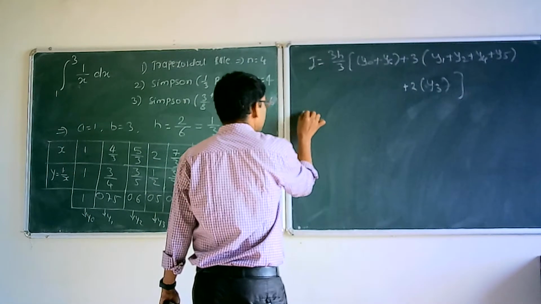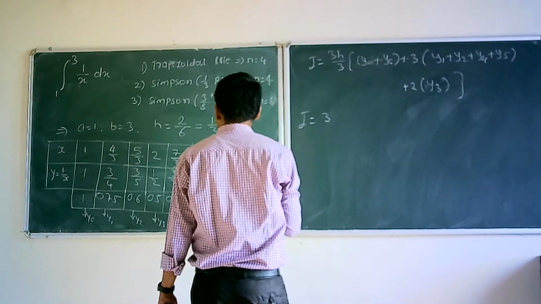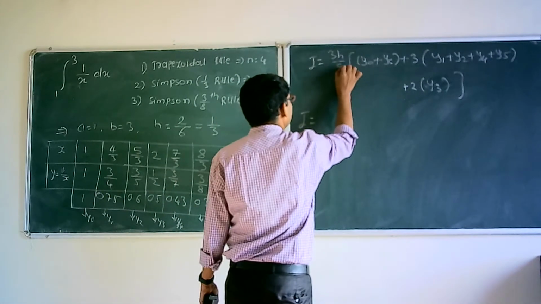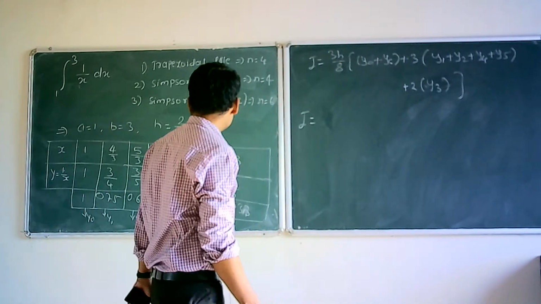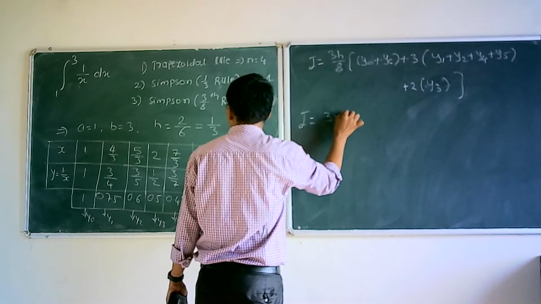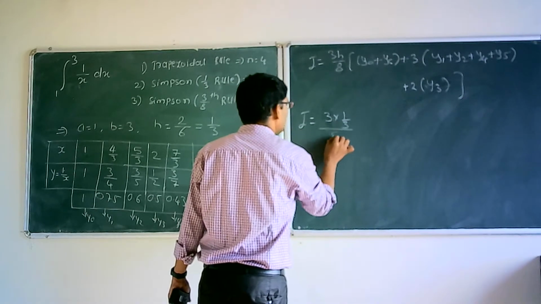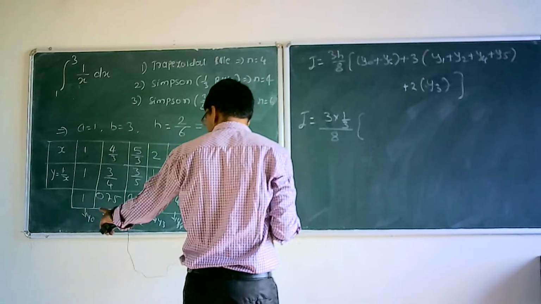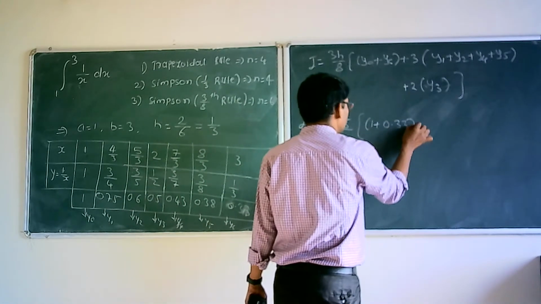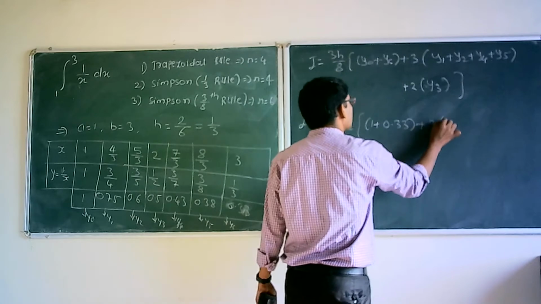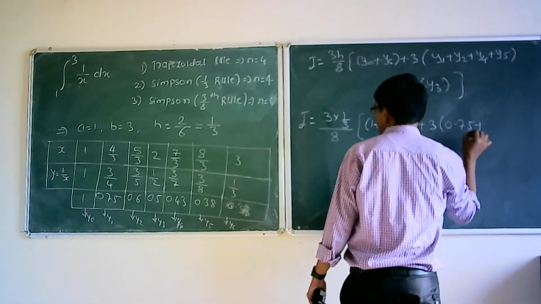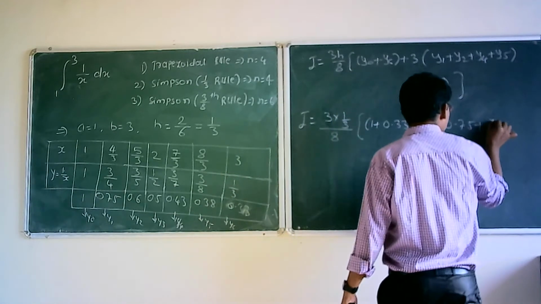So to solve this, I is equal to thrice h by 8. h is what? 1 by 3. So 3 into 1 by 3 divided by 8, inside the bracket y0, 1, plus y6, 0.333, plus 3 times y1, 0.75, plus y2, 0.6.